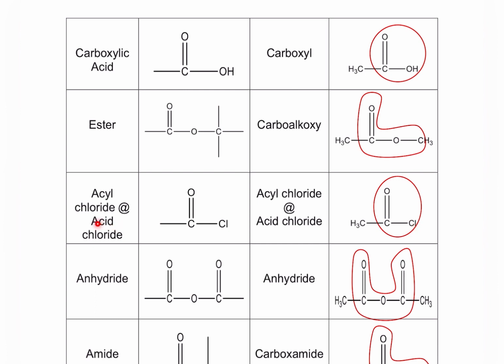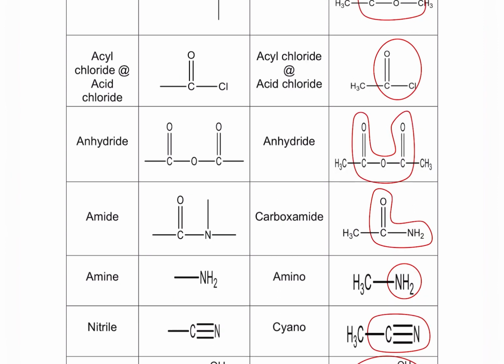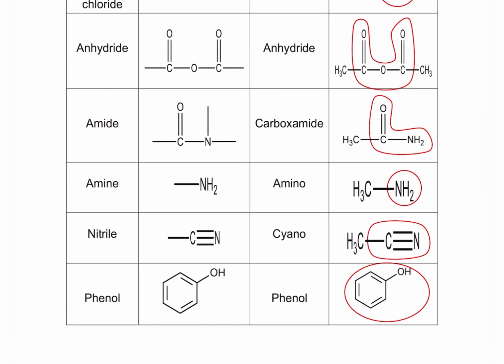If the halogen used here is fluoride, it means that the symbol for the atom here is going to be capital F for fluorine. Next, we go for anhydride with C double bond O, single bond O, single bond C double bond O. The same name as the class of compound for its functional group.